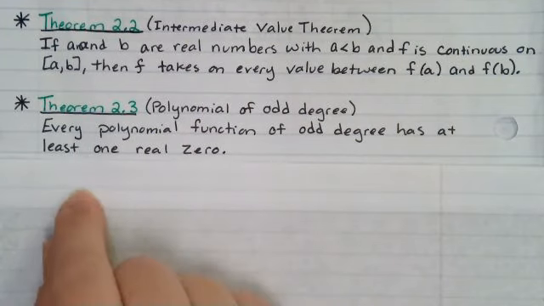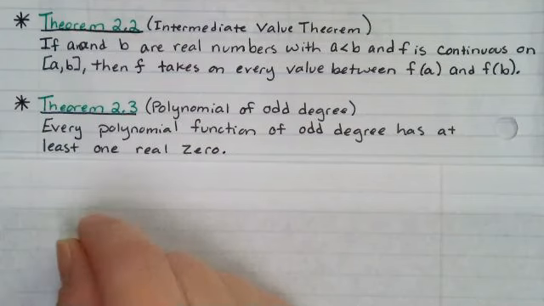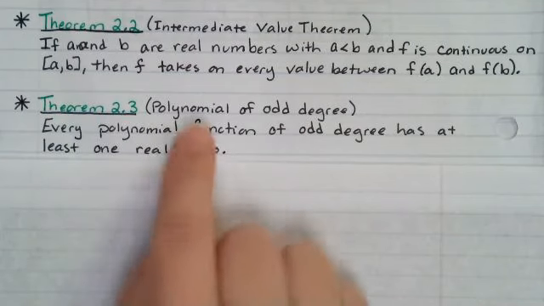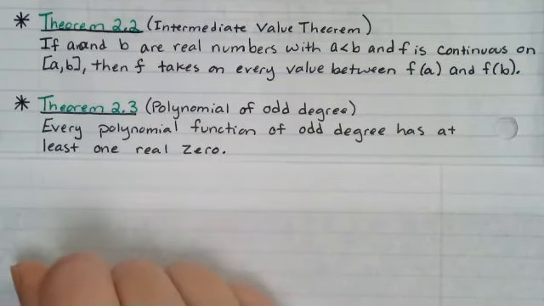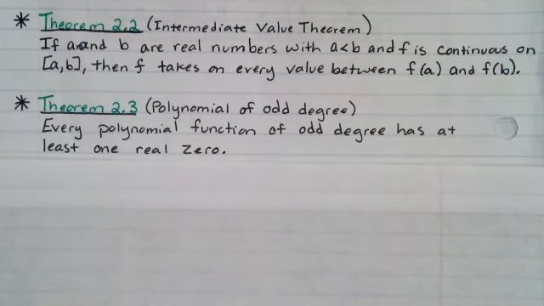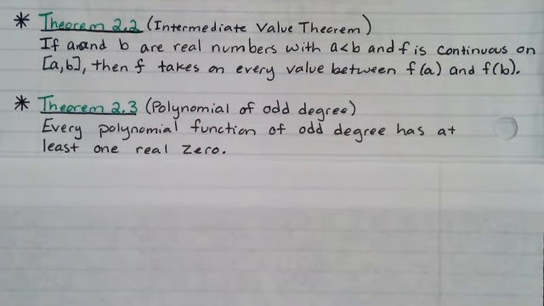Now the next one is another theorem. It doesn't have a fancy name, but it pertains to polynomials of odd degree, and it's also kind of common sense once you think about it. It says every polynomial function of odd degree has at least one real zero.